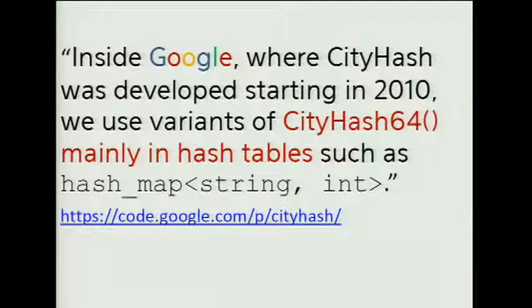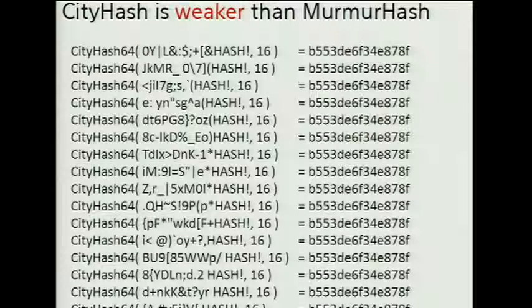CityHash is something designed by and for Google, and they say on their official page that it was developed starting in 2010, and they use variants of CityHash64 mainly in hash tables such as this C++ function. As far as I know, they only use it internally. I don't know of any third-party application that uses it. But well, it's designed by Google, so it's probably more secure than Murmur hash. Well, actually not.